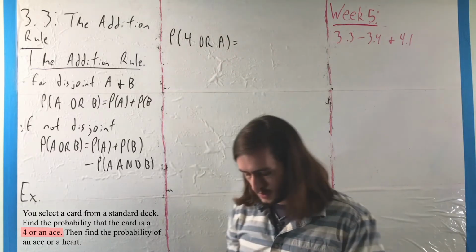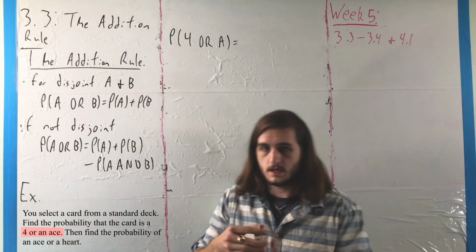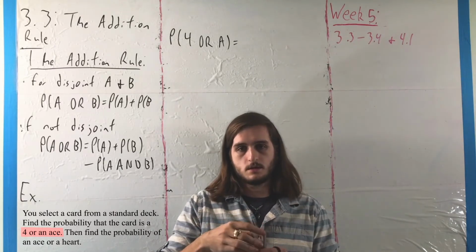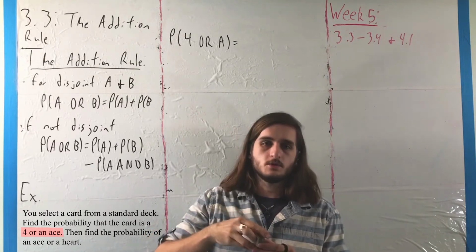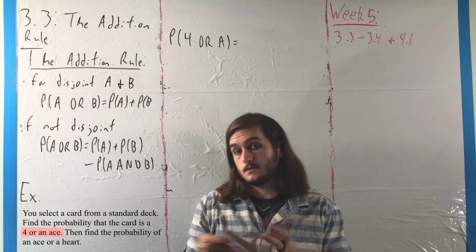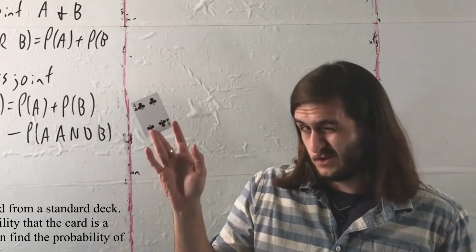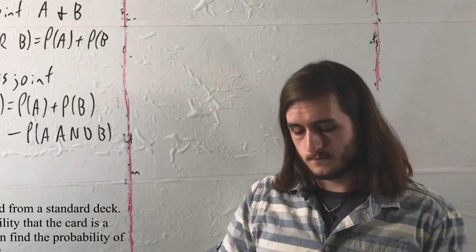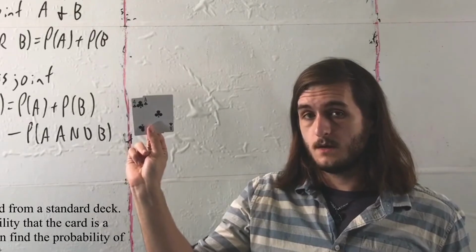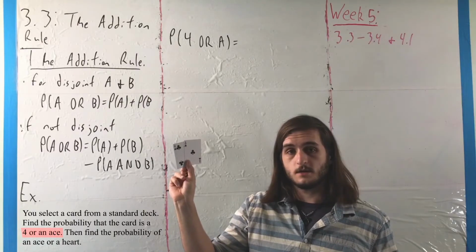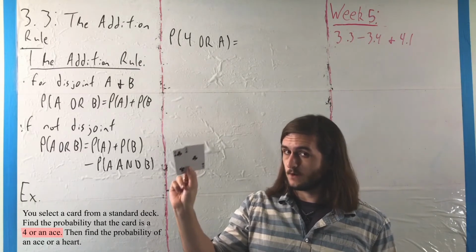And what we should understand here is that if we're talking about drawing from a standard deck like this, there's not a great deal to what we're looking at, because, thankfully, when you're drawing these cards, you can get a 4, and there's 4 of these, or you can get an ace, and there's also 4 of these, but there's no card in here that is simultaneously both an ace and a 4.